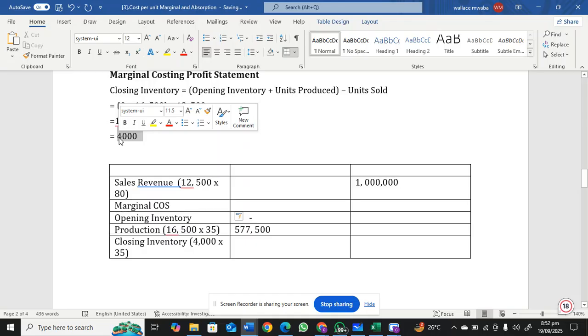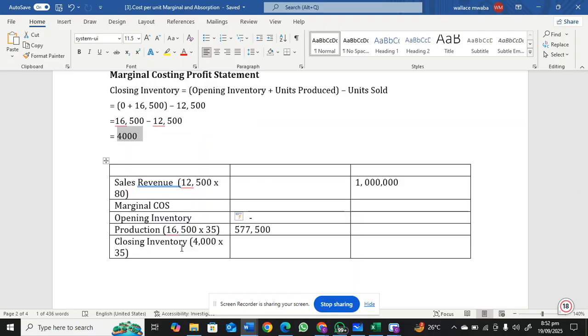At 4,000 units as our closing inventory. So 4,000 times 35, 140,000.